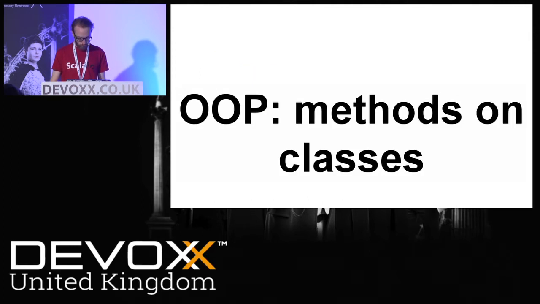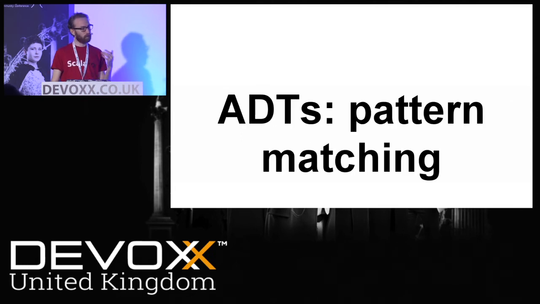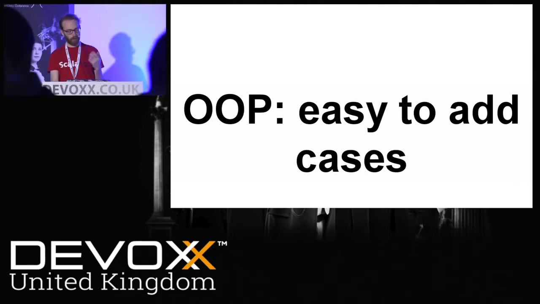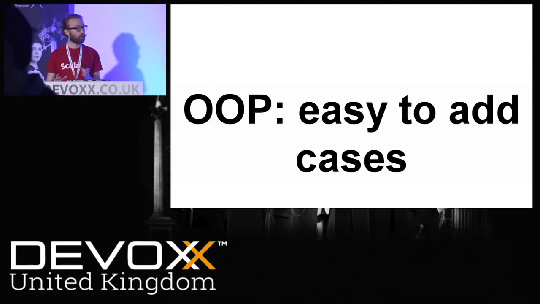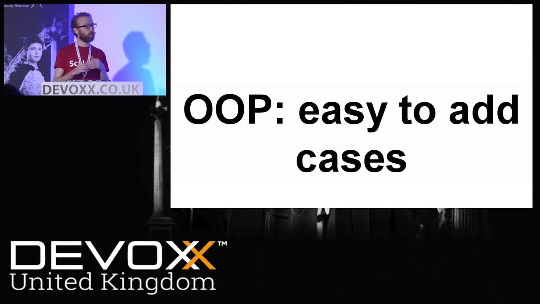Okay, so just to sum up, in OOP for that we would have methods on classes, and we would leave the dispatch to the class hierarchy. With ADTs, it's pattern matching. So it's a different solution to the same problem. Which means in OOP, it's easy to add cases because you just drop a new class, you extend your interface, and you implement all the necessary methods.